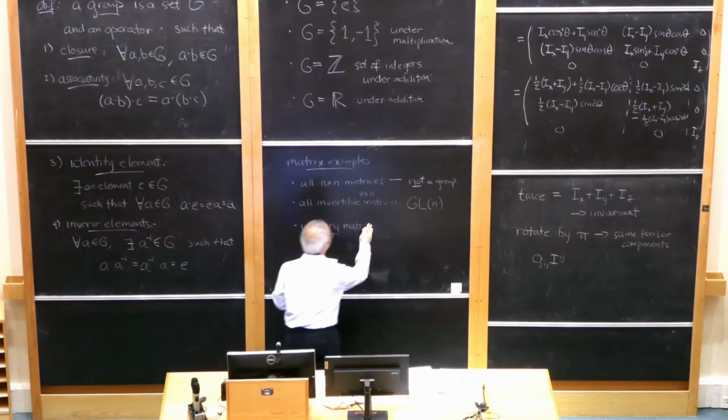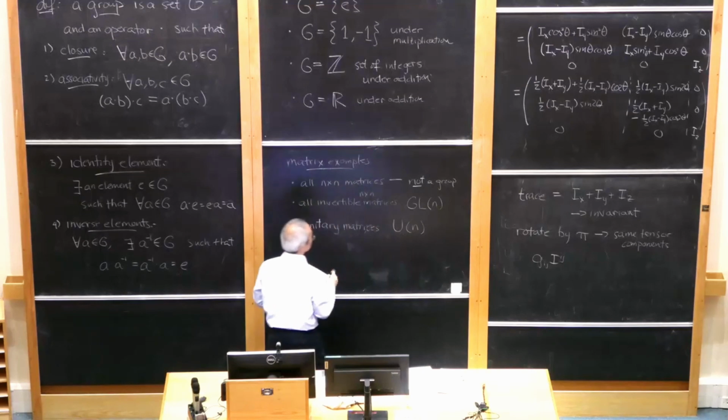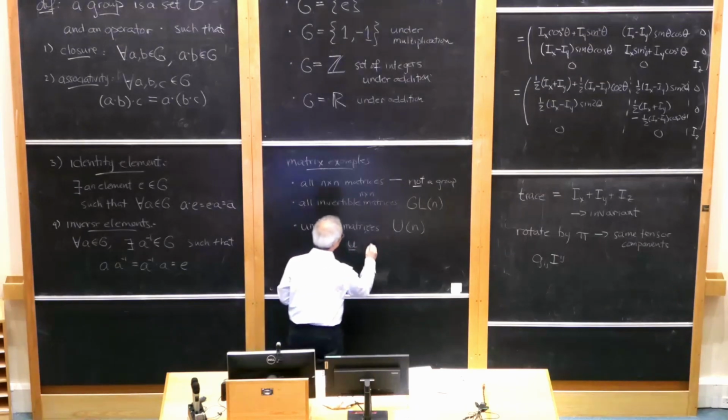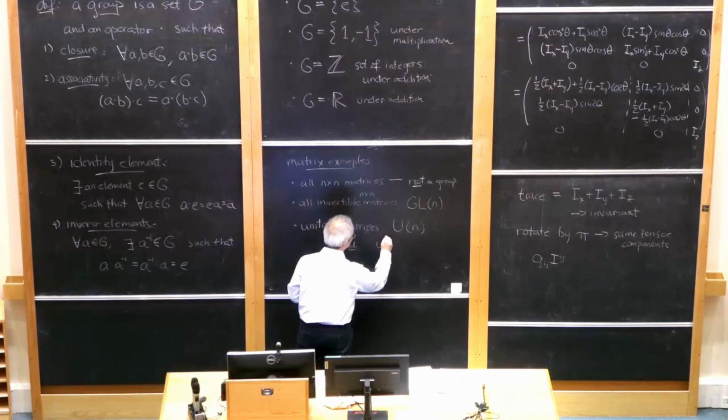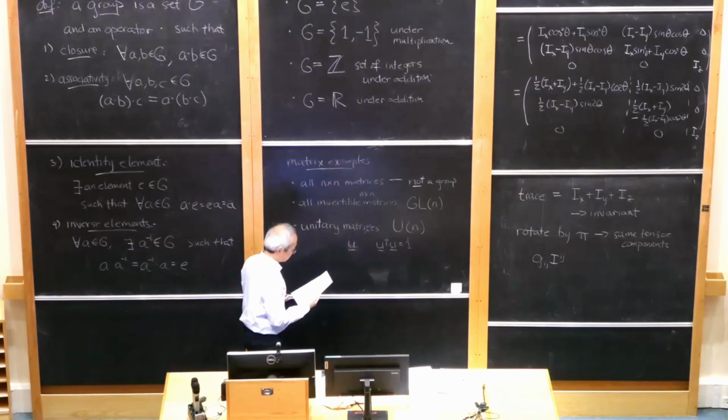But unitary matrices. This will be like U(n), right? So that's how we oftentimes designate the group. And usually what that'll mean is that the group elements will be unitary matrices like this, such that U with the conjugate is equal to the identity matrix.